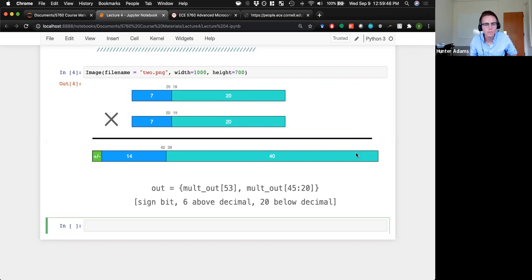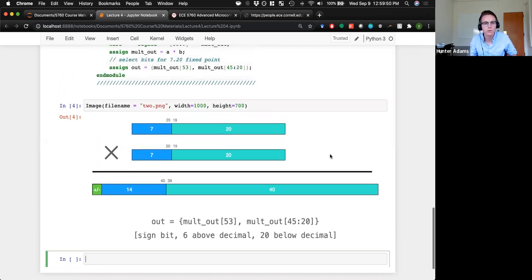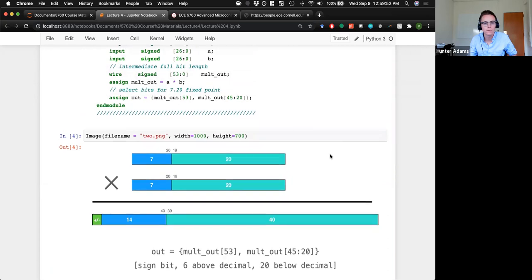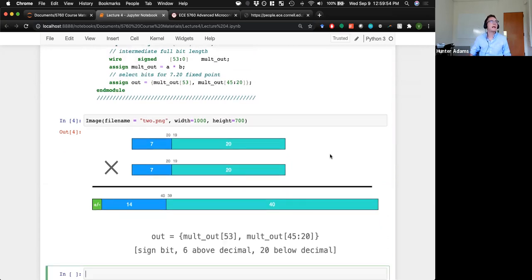And by the way, I was talking to Andrew about this before the start of this lecture. In lab 1, ultimately you need to be able to set the values of the constants and the initial conditions from the command line. It's recommended that you start by just hard coding those things. Remember that you need to hard code them in 7.20 format.